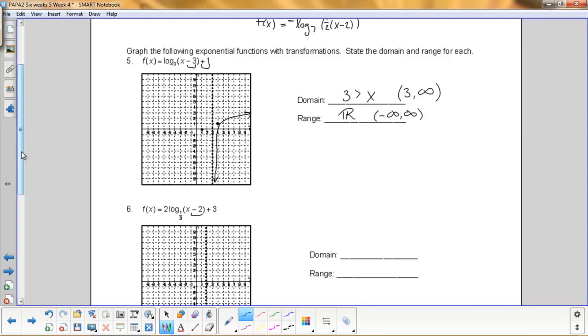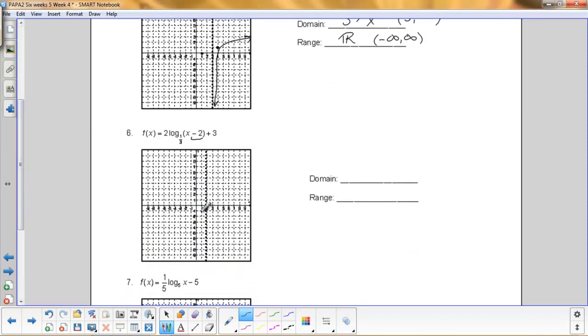Question number 6. You'll see that the asymptote is already drawn. Now instead of being at 3, 0, it's going to be 3, 3 because I've got a vertical translation of 3. The other thing I've got to notice is that the base of this logarithm is 1/3.